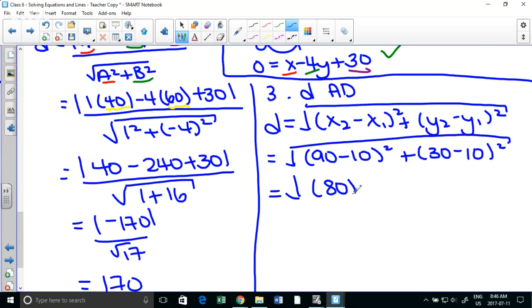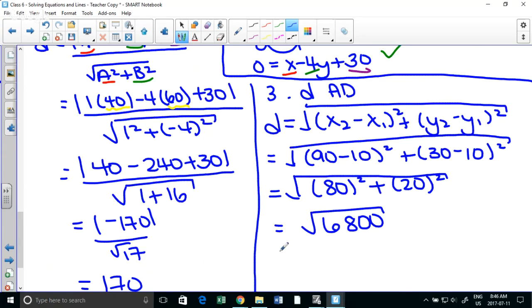So here I have 80, and here I have 20. If I add those up, I get the root of 6,800, which is approximately 82.46.